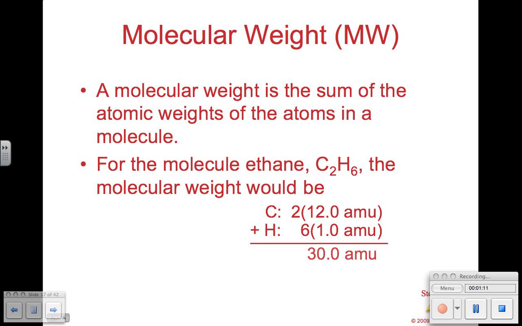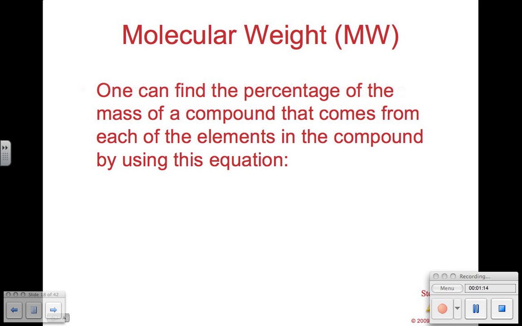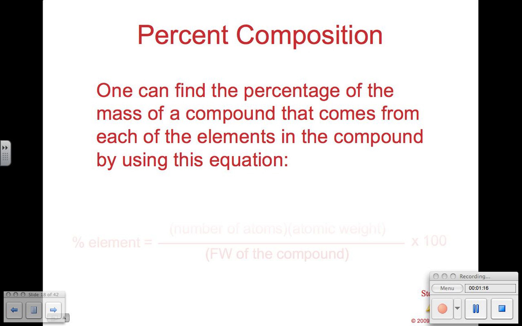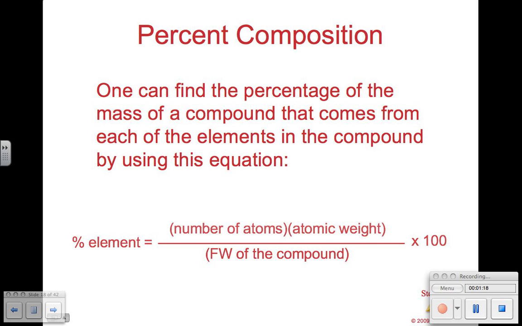And then another way that a compound might be described or initially determined is through percent composition. There's a variety of analytical tools and tests that would just give you the percent composition of something.